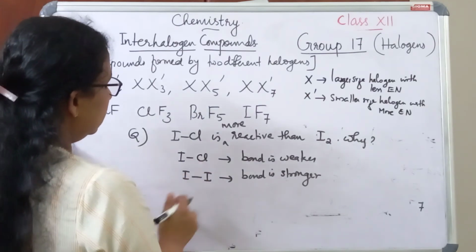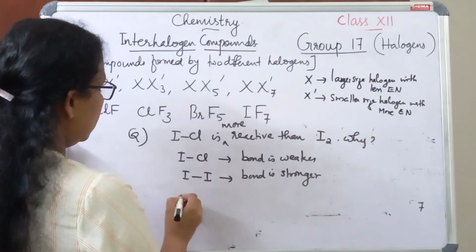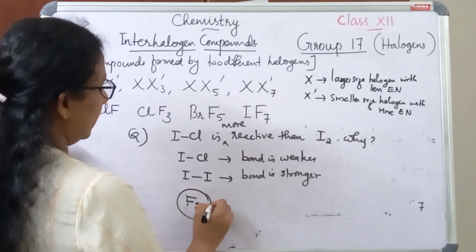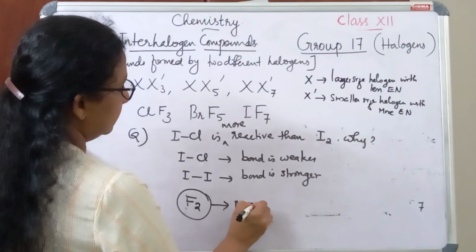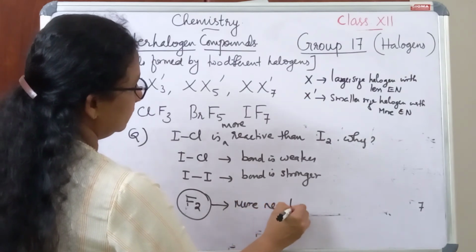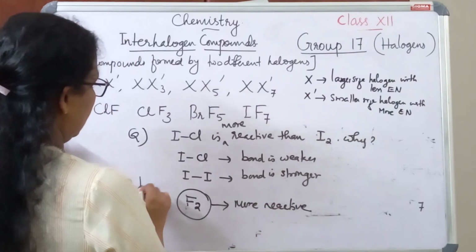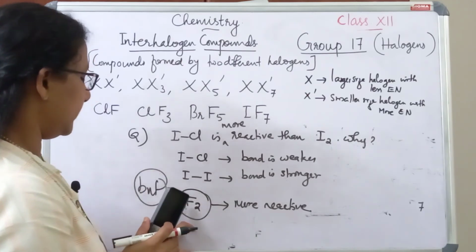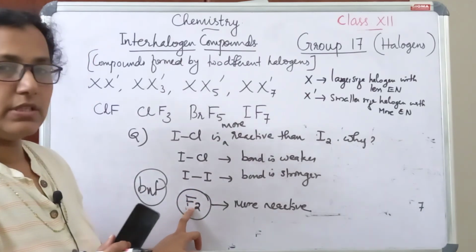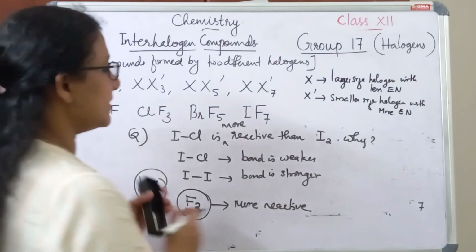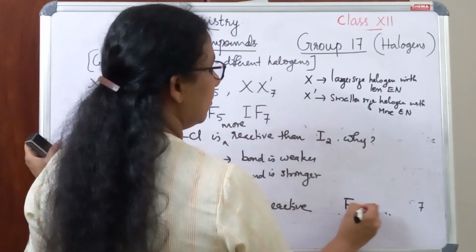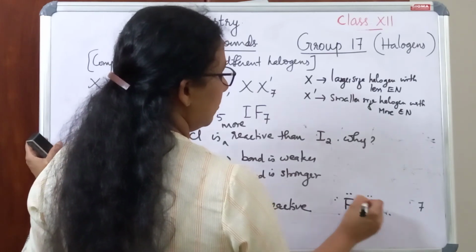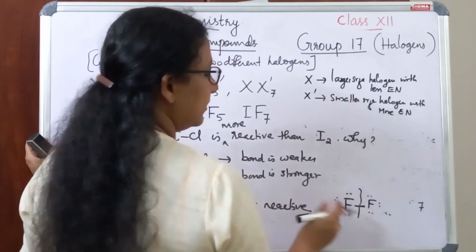And here we need to remember F2. In the case of F2, which is more reactive. But F2 is more reactive. So in the case of fluorine, we have already studied there is interelectronic repulsion. So it is very easy to break the bond.